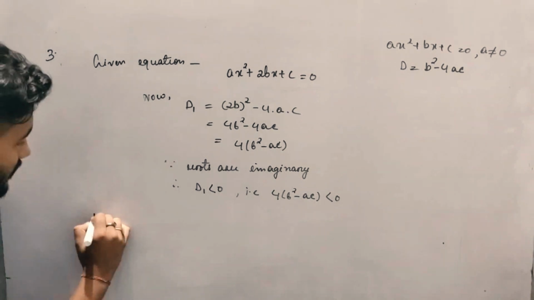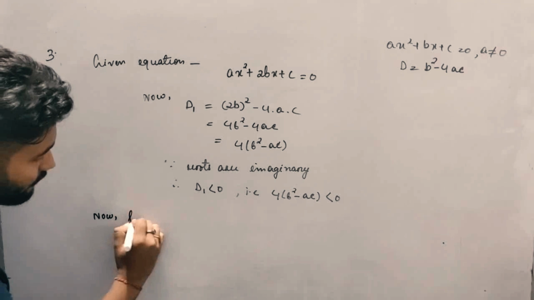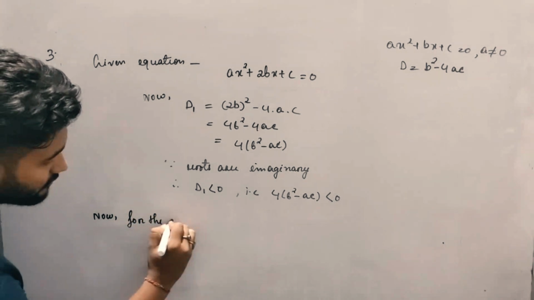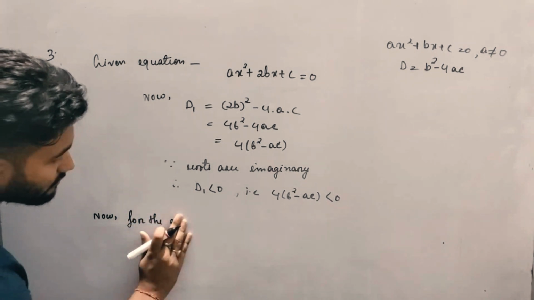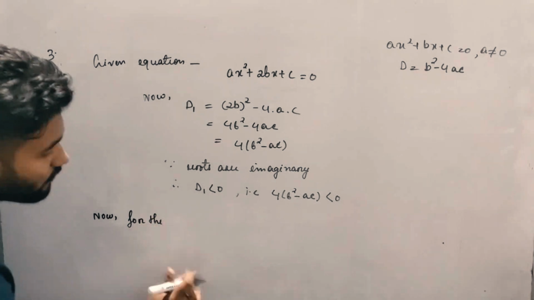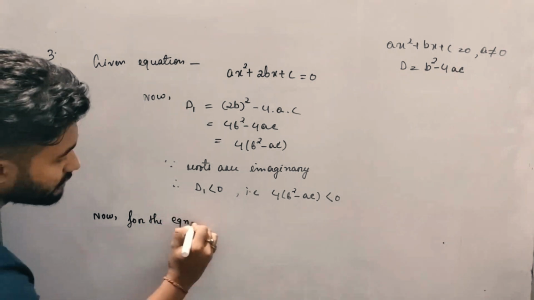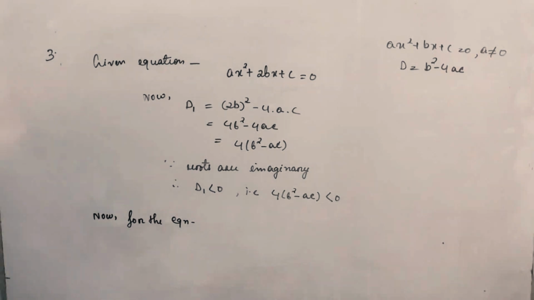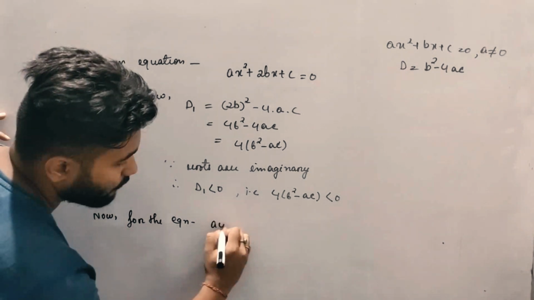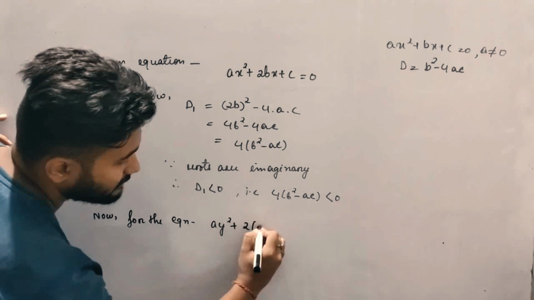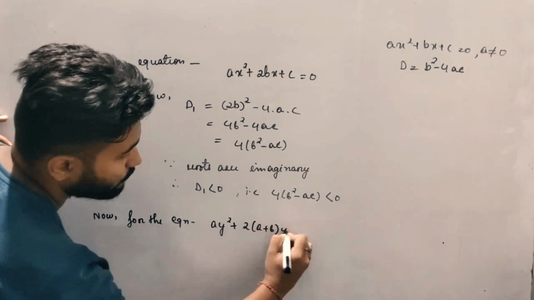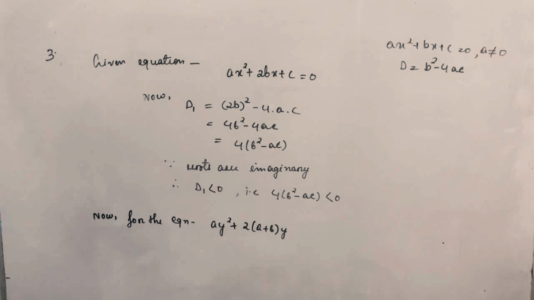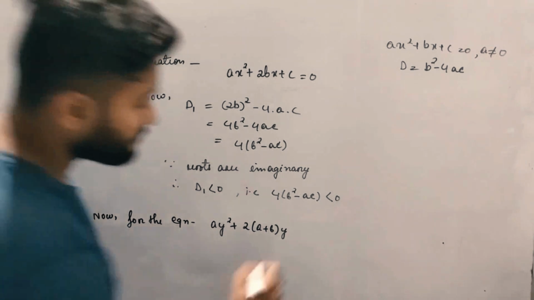Now for the equation ay square plus twice (a plus b)y plus (a plus twice b plus c).